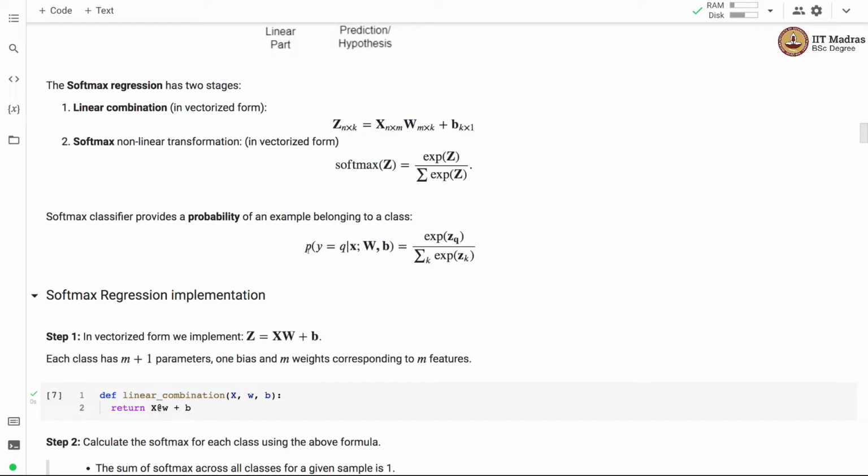For example, the probability of y equal to q, or the example belonging to class q, parameterized by weight matrix W and bias vector B, is equal to exponential of zq divided by the sum of exponential of zk, with k running from 1 to K, where K is the total number of classes.